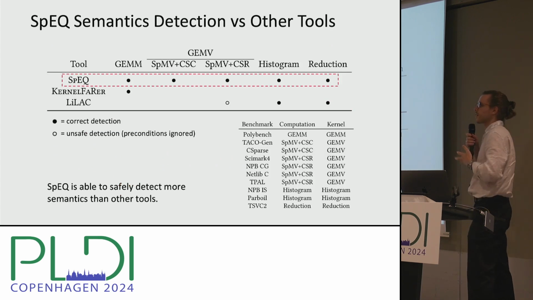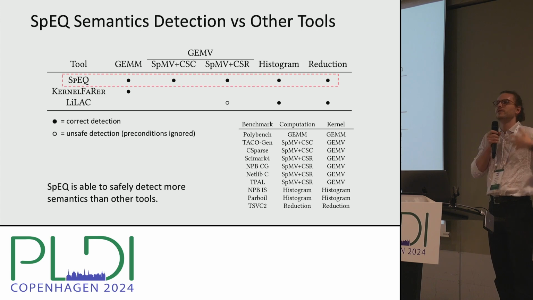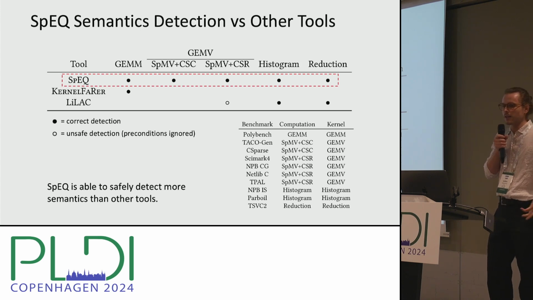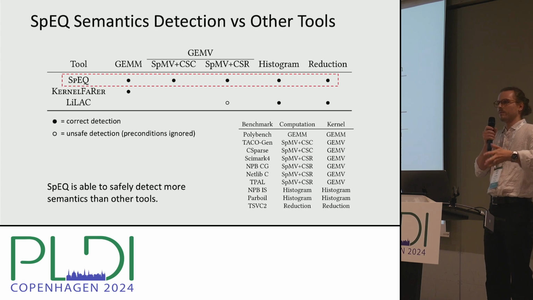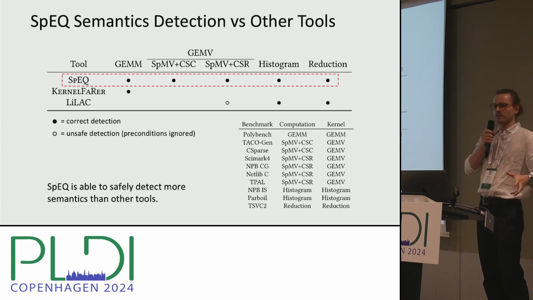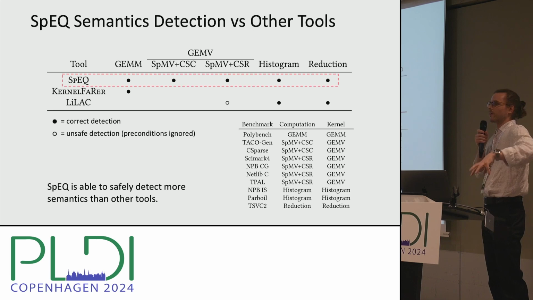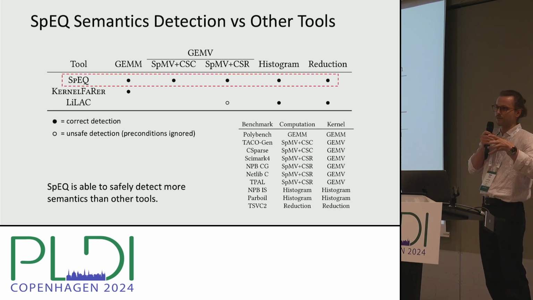So there are lots of other tools that will look for patterns in your code and try to do the same sort of translation technique. And the problem is that they all have quite large trade-offs. So there are techniques that are very brittle, so they're not able to match a large diversity of slightly different codes.